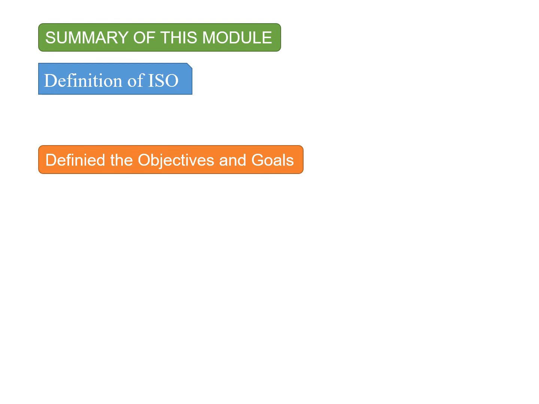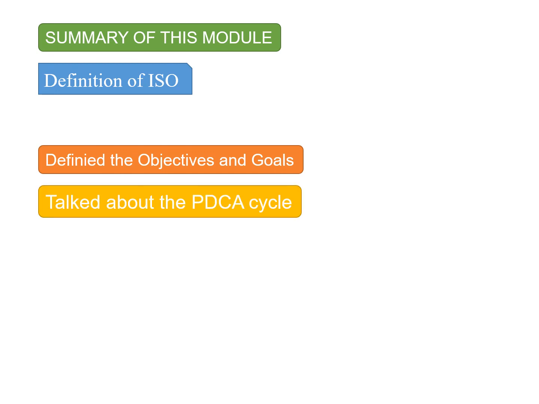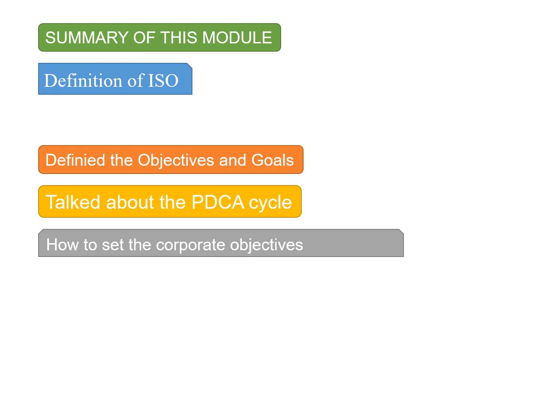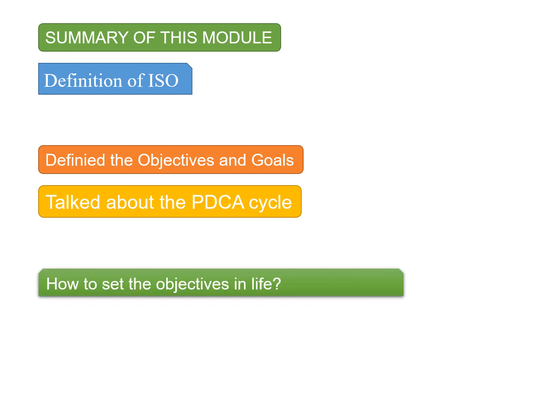We talked about the PDCA cycle, that is plan, do, check, and act, how the PDCA cycle is helping you to improve the process, how the PDCA cycle is adjusting itself in line with the continual improvement, and how to set the corporate objectives if at all it is required to be set, and how to set the smart objectives in your day-to-day life or in a process which you want to improve.